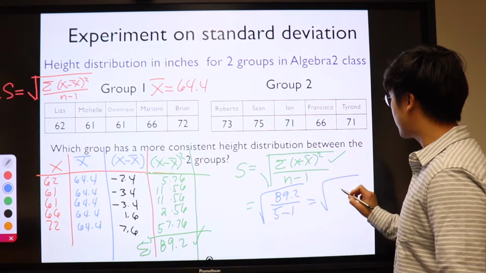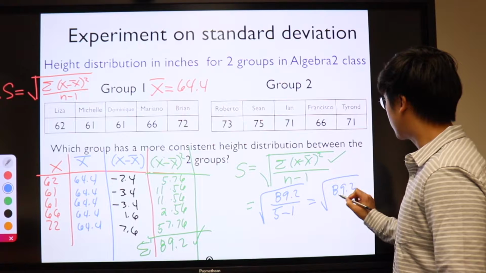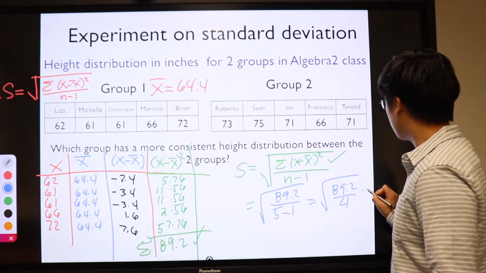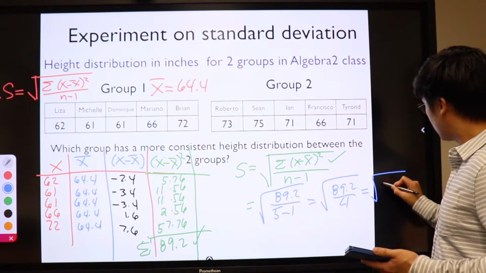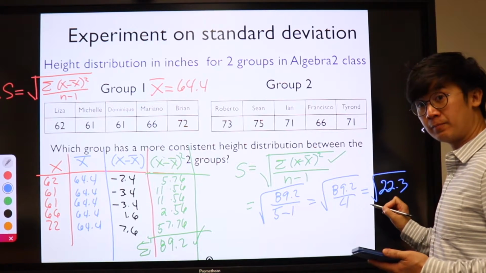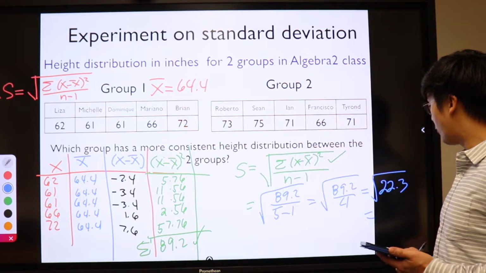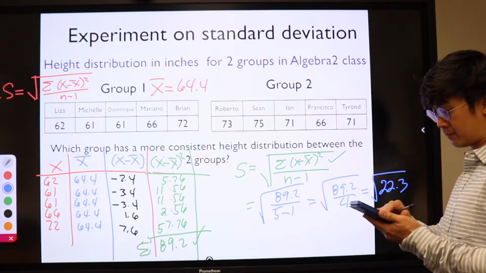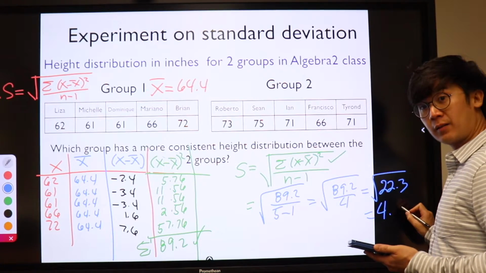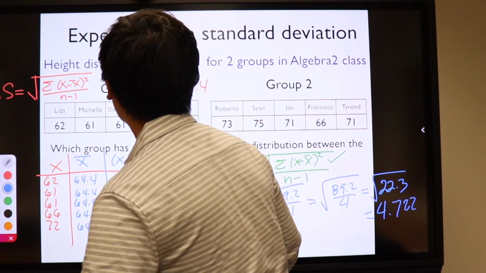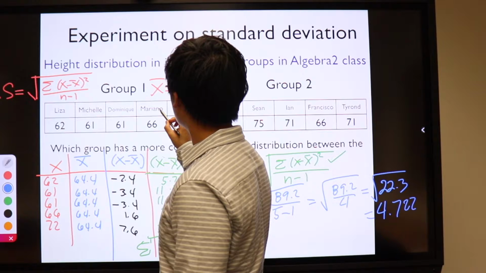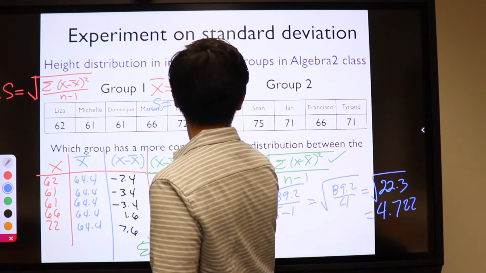So I have the square root of 89.2 over 4, which gives me the square root of 22.3. And if I take the square root of that, I get 4.722.